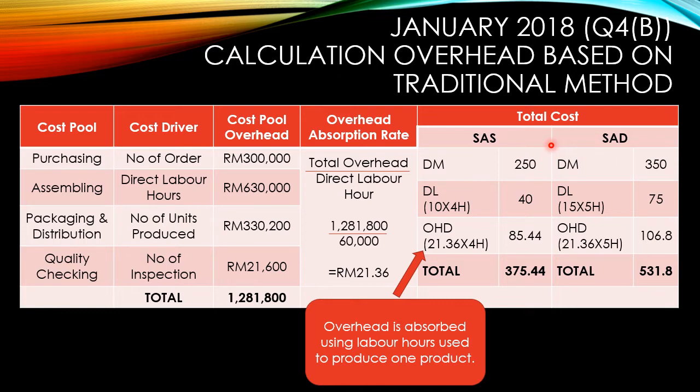So the production cost per unit is 375 ringgit 44 cents for SAS and 531 ringgit 80 cents for product SAD. Overhead is absorbed using the direct labor hours used to produce one product.